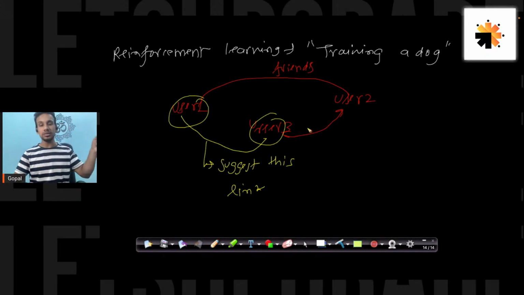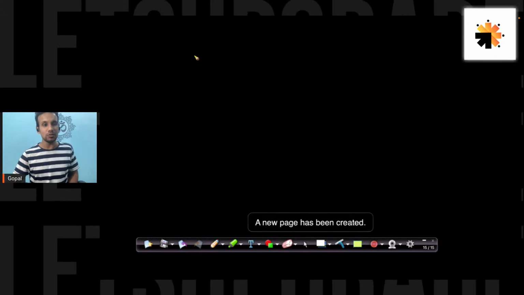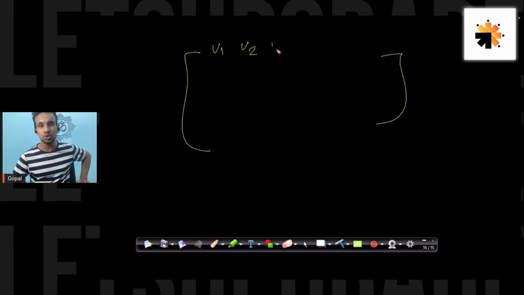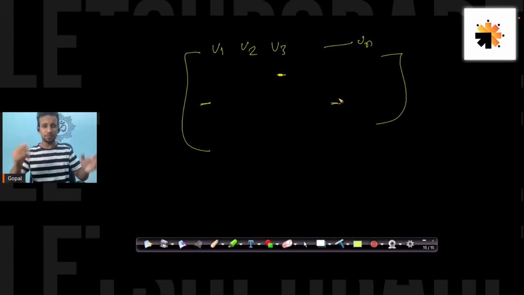And for the recommendation system, the other technique which has been incorporated so far was matrix factorization. In matrix factorization, basically you have lots of data. Let's say you have user 1, user 2, user 3, let's say user n, and you can have some blank values in these scenarios.